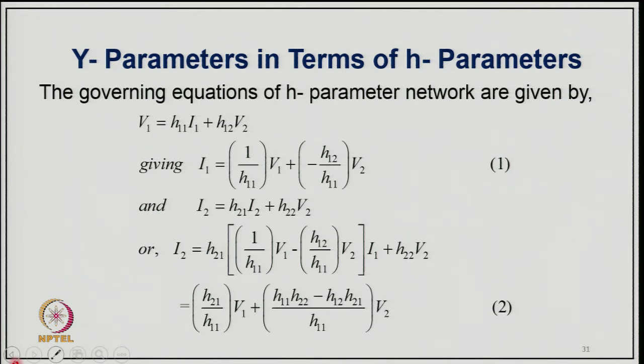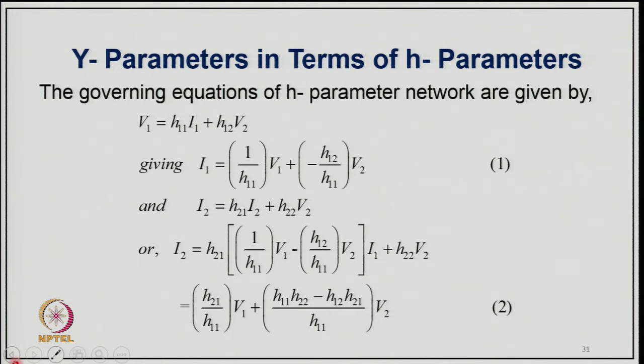So I2 = H21 (1/H11 V1 - H12/H11 V2) + H22 V2.